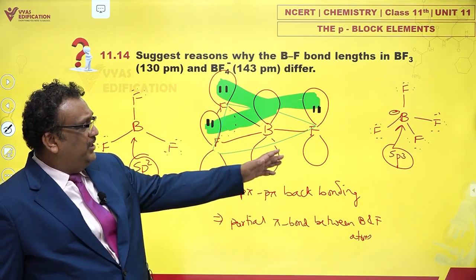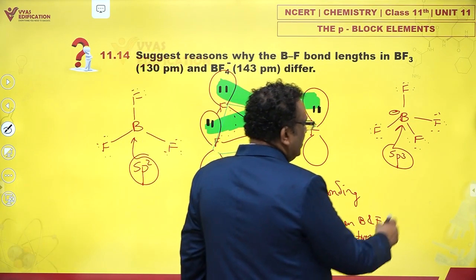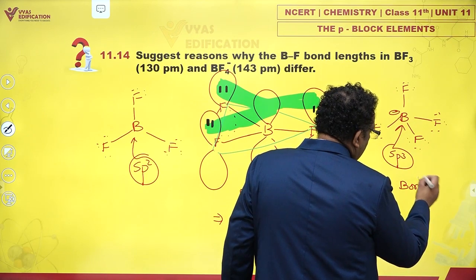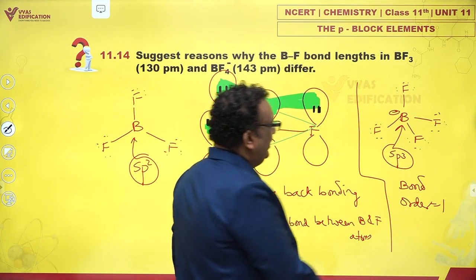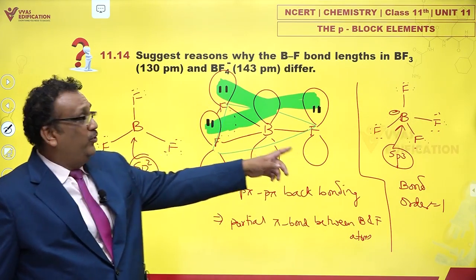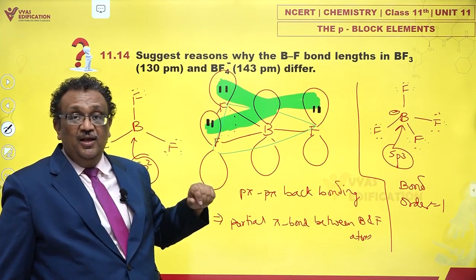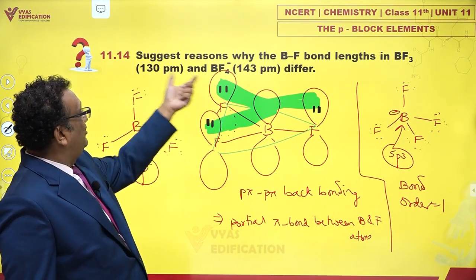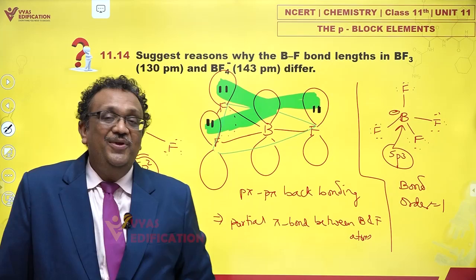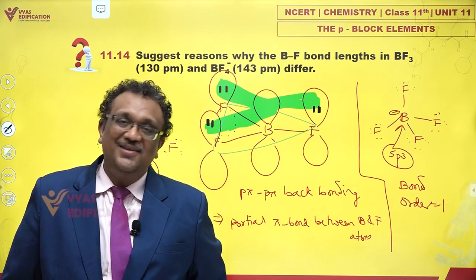There is no back bonding, there is no pi bond. Bond order is purely one. There is only strictly a single bond between boron and fluorine, which has a length of 143. But when there is a partial pi bond, the bond length decreases from 143 to 130 picometer in BF3. That, my dears, is the reason.